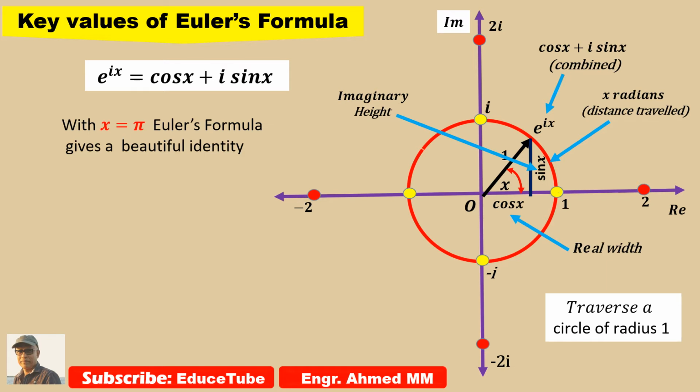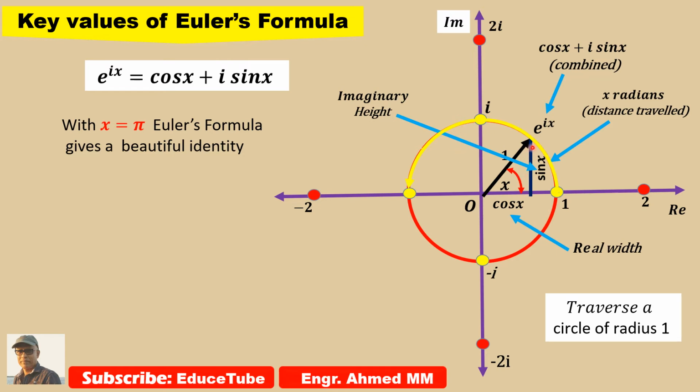Say we start from here, and it is surely on the real axis, and we are traveling pi units from here to here. So I am showing it by a half circle. We are traveling pi units along this circle, I mean a half circle.